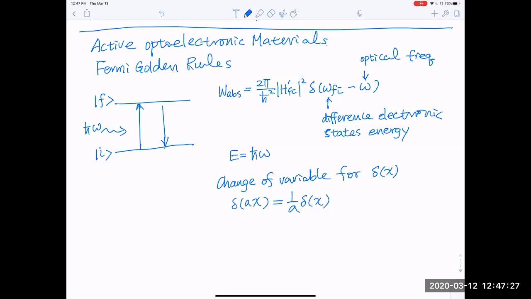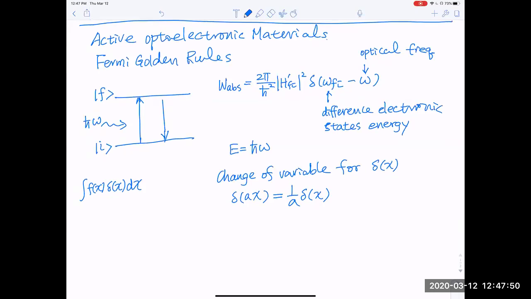How do you think about that? Basically, you have to think of the delta function in terms of its integration, usually with another function, delta of x dx. In this context, you can easily derive this change of variable.